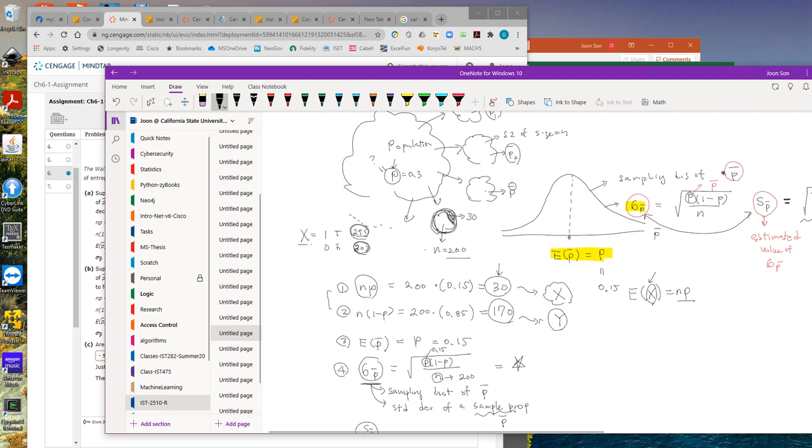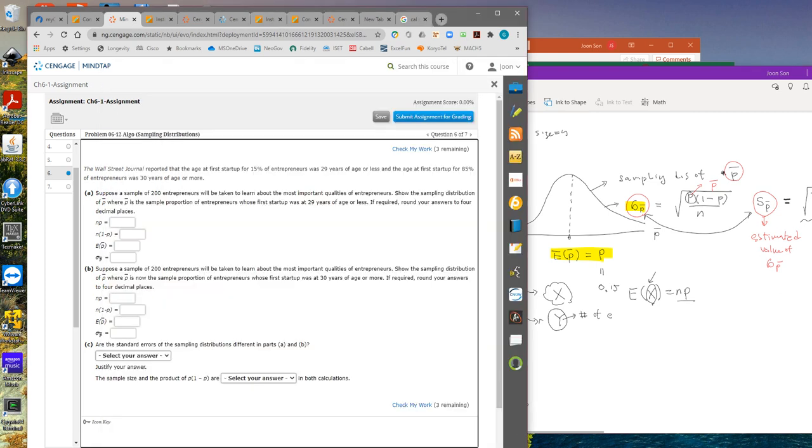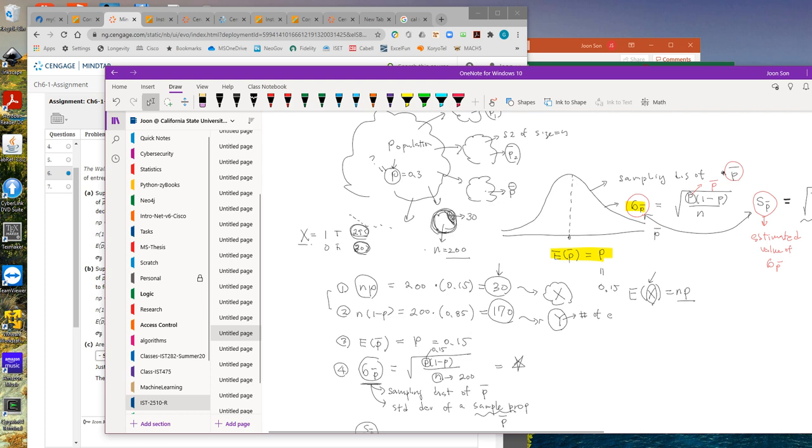You can define y as the number of entrepreneurs whose age is 30 or more. So the expected value of y is n times 1 minus p.